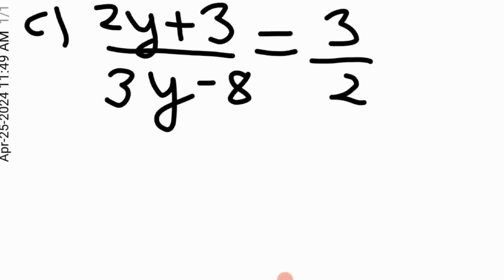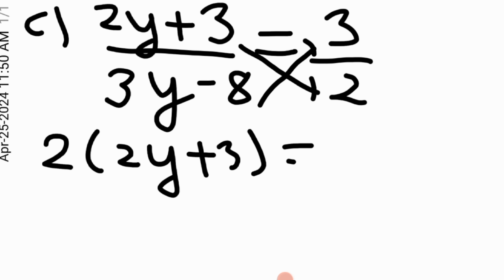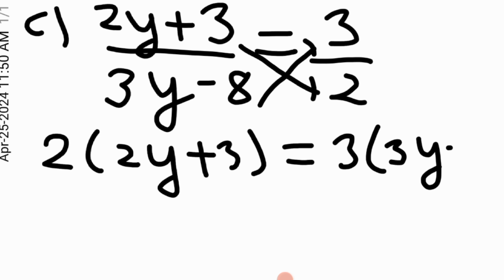Now again we have to find out the value of y in this case. After seeing this question, first of all we should apply the cross multiplication method like this. It means 2 is multiplied to the 2y plus 3 whole term, is equal to 3 is multiplied to 3y minus 8 whole term. Now start multiplication.